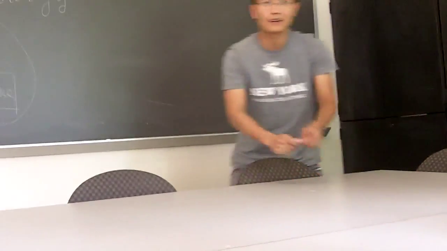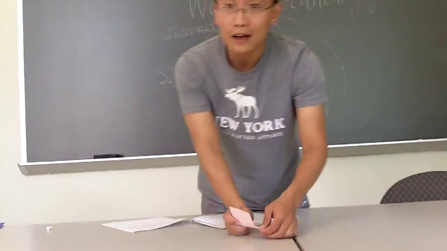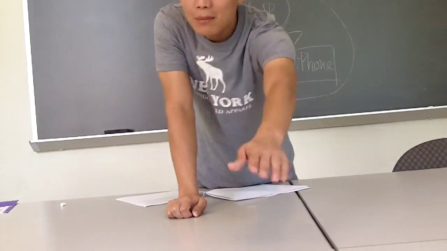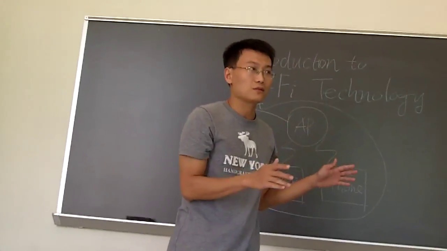I send you a message that tells the SSID, that is the name of the wireless LAN, and when you scan my message, you also take note of the signal levels.